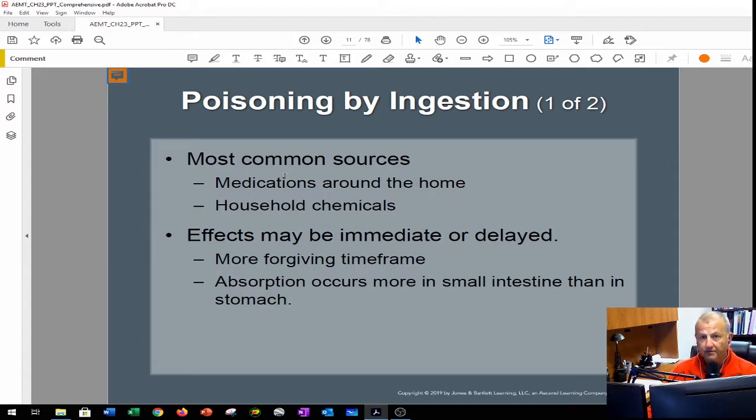It meets up with acid in the stomach and starts being processed, but nothing usually gets absorbed there. Absorption occurs in the small intestine. So if we can do something to get the poison out, or something to neutralize it while it's in the stomach, then that's our best opportunity.